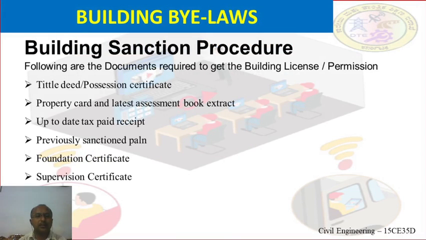So let us discuss building sanction procedure. Before knowing the building sanction procedure, we must know the building license or permission. That means the person who wants to build or erect a structure must get the license or permission from the competent authority, known as the municipality, corporation, or any other local authority.